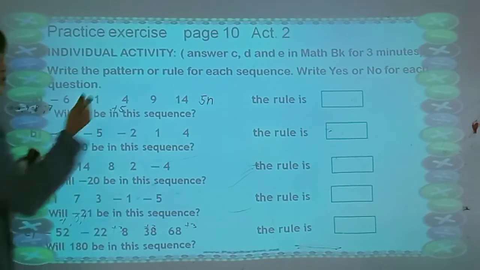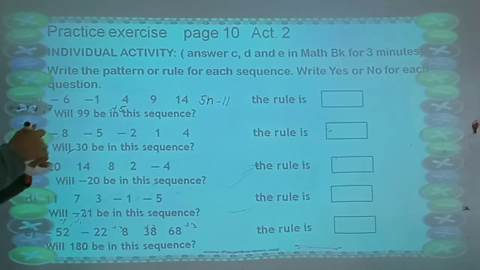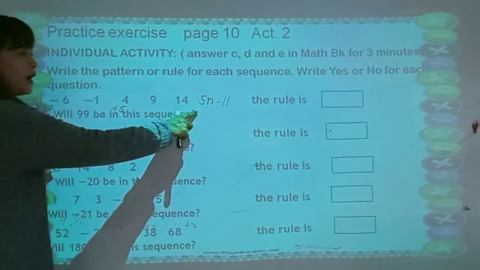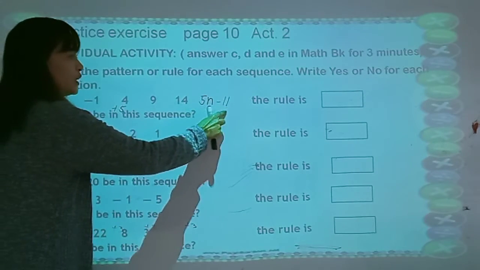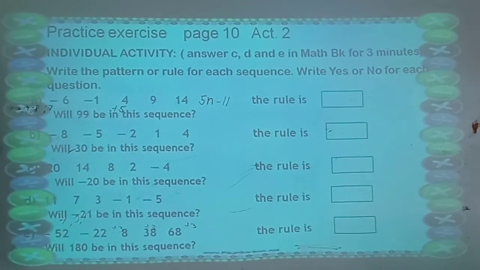So you are going to use negative 11 in the formula. Okay? So our formula is 5n minus 11. Where did we get the 11? From the previous number. We need to count also from the previous number. If this is negative 6, the next one is negative 7, negative 8, negative 9, negative 10, and negative 11. So this is the formula that we are going to use.